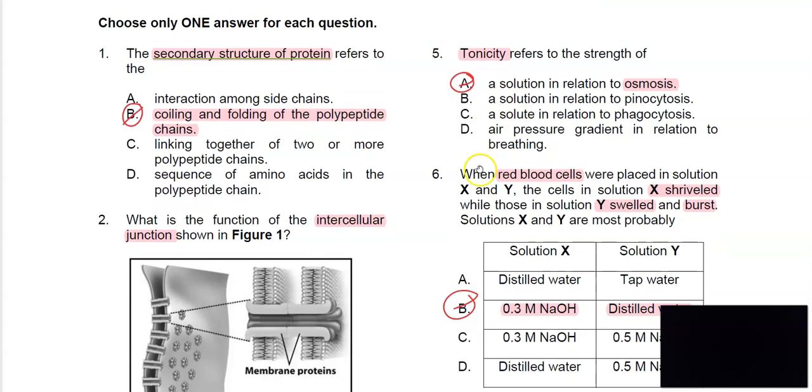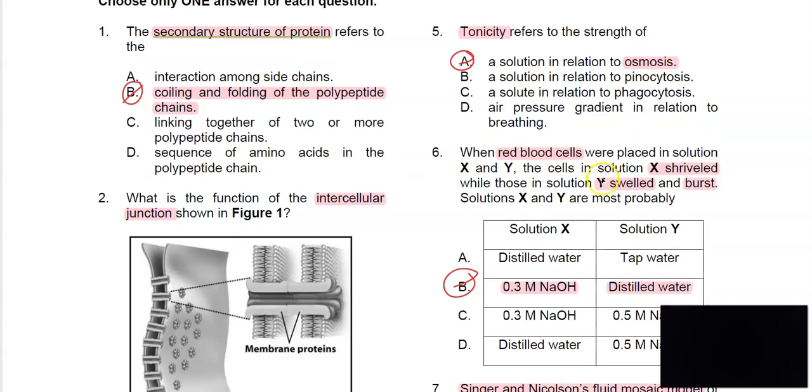Number 6, when red blood cells were placed in solutions X and Y, the cells in solution X shriveled, while those in solution Y swelled and burst. So solutions X and Y are most probably, look at the highlighted words shown here.